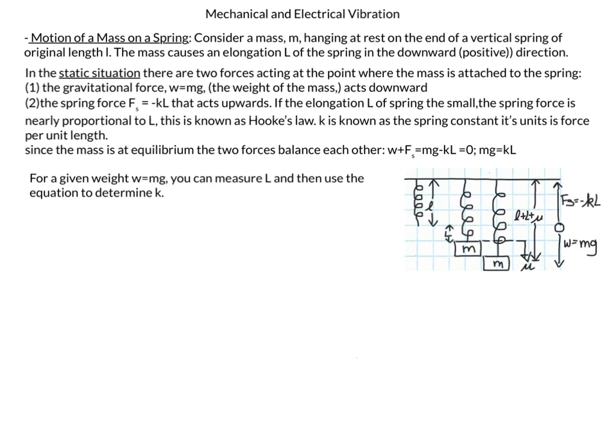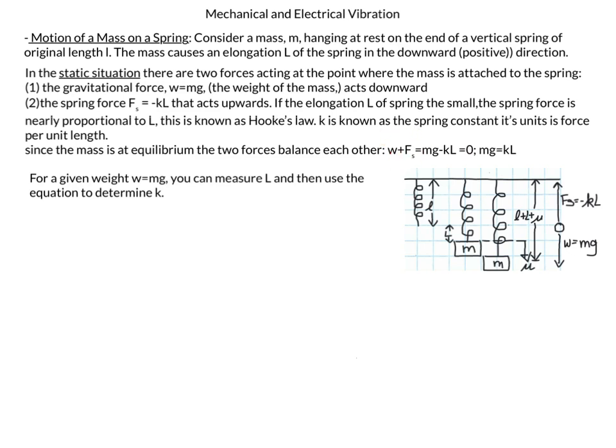So the spring force is proportional to L, and this k is known as the spring constant, and its units are force per unit length. Since the mass is at equilibrium, in other words, it's not moving, the two forces, the gravitational and spring force, balance each other. In other words, W is equal to the spring force. Or you could also say W plus the spring force is equal to 0.